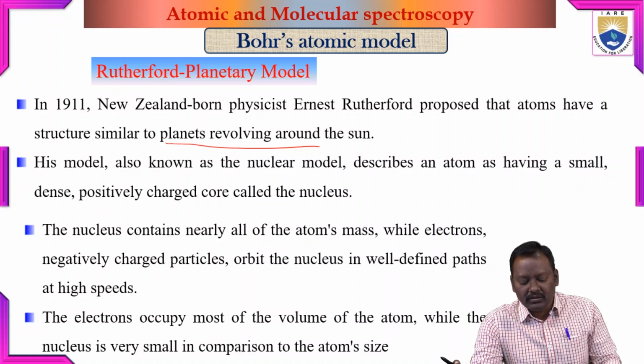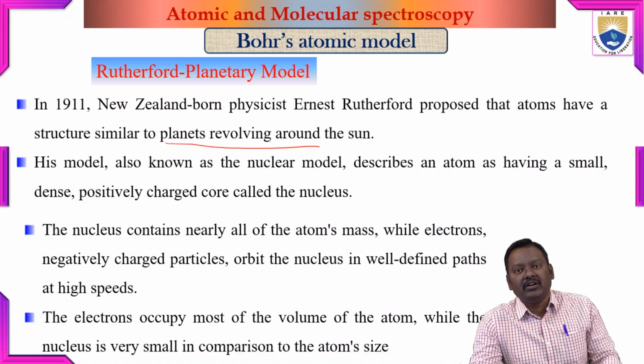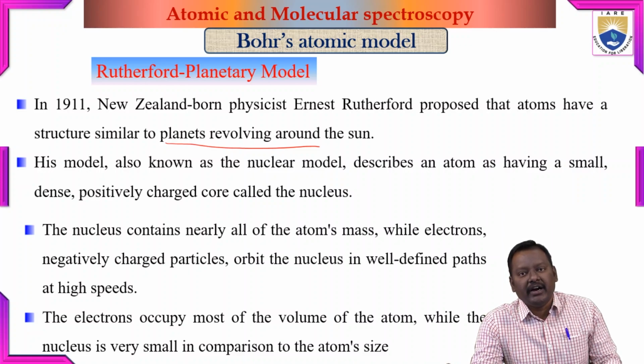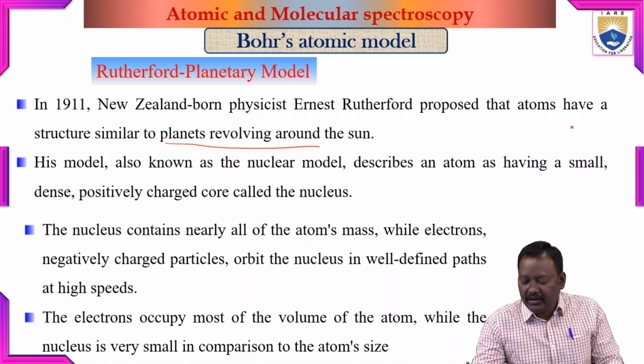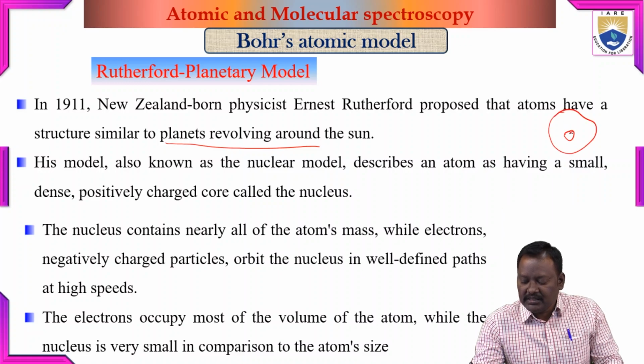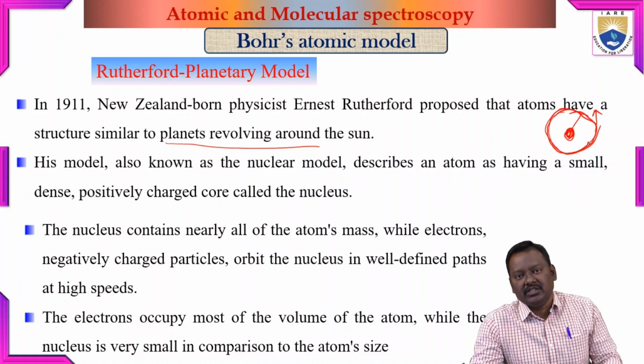But according to this model, as the electron moves in its orbit, that is, as a charge is moving, according to Maxwell it must emit radiation. For example, this is the positive charge, and the electron is moving outside the nucleus at some particular distance in some particular orbit. If the electron is moving, it must emit radiation according to Maxwell's electromagnetic theory.